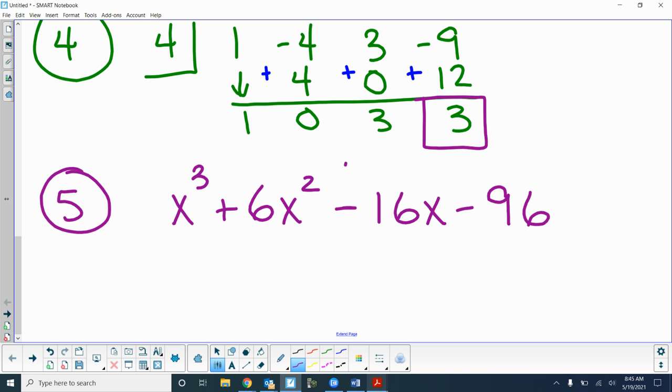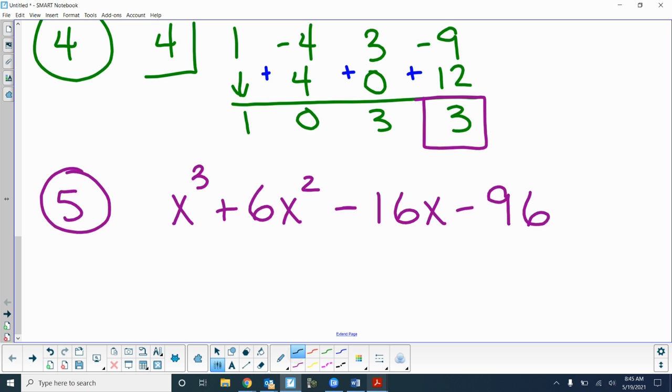Is there a number that goes into all 4 terms, or a letter? If there was an even number in front, like 2, 4, 6, then we would use 2, right? But since that's a 1 in front, there's really no GCF. So when it's got 4 terms, we call it a grouping problem. So maybe, on your note card, number 5, write grouping.